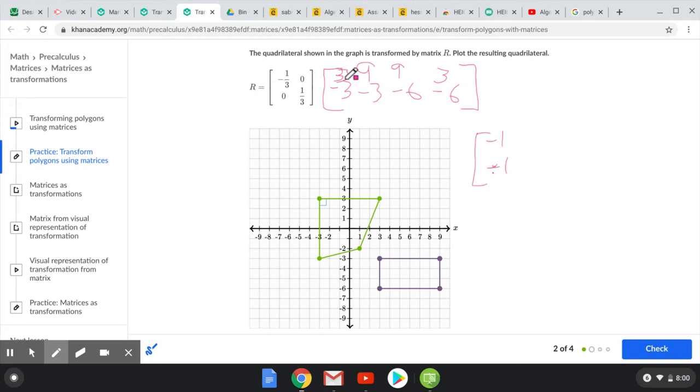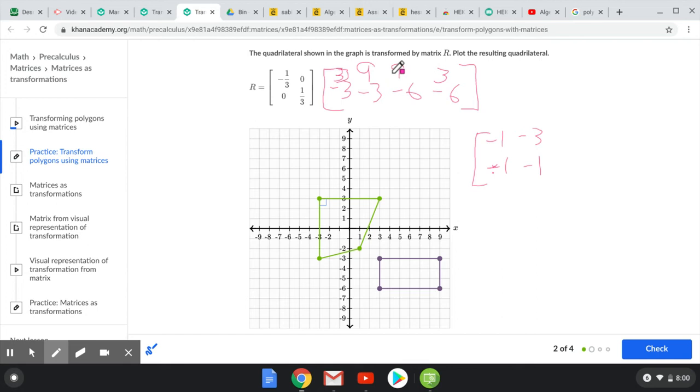So I can just ignore that. So I get -3. And then I'm going to do second row times second column. So I have another 0 here, so I can just ignore that. And 1/3 times -3 is -1. And now I have my second point.